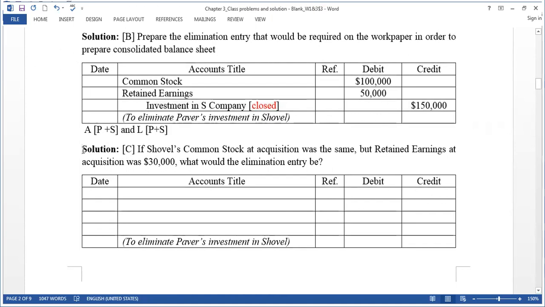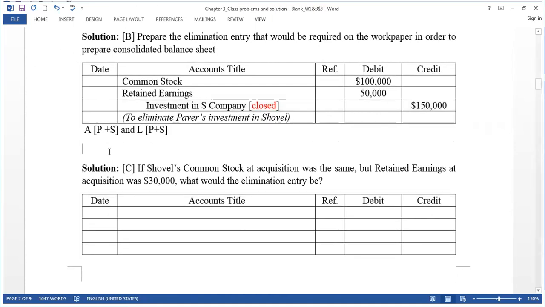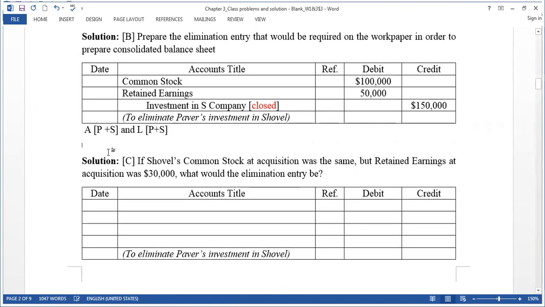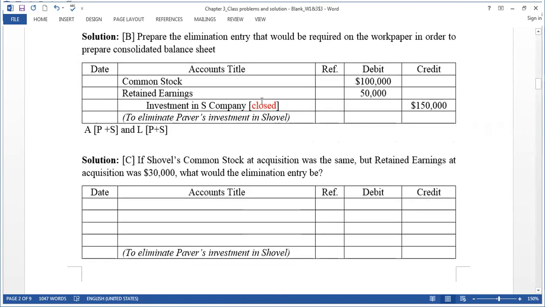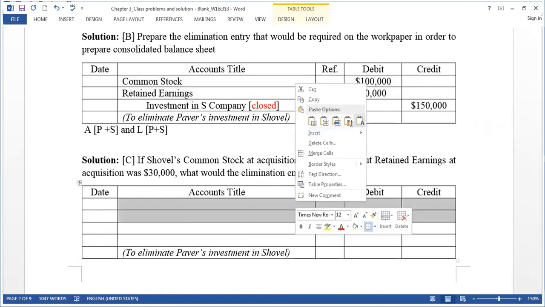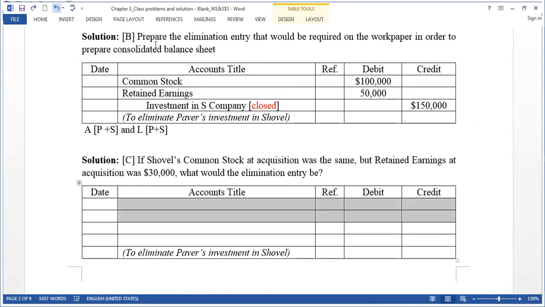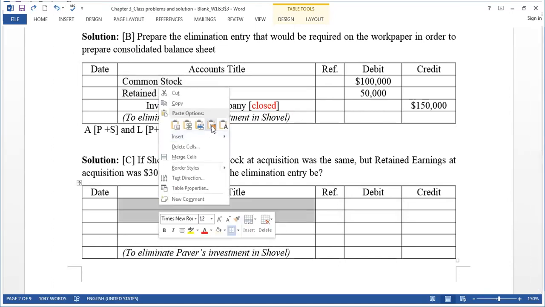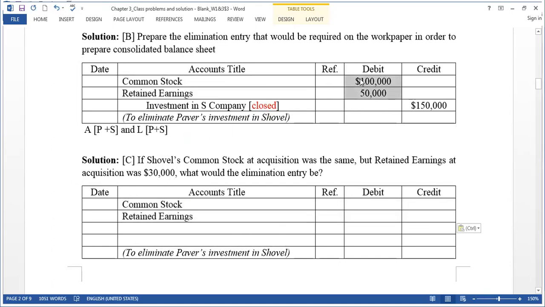Anyway, the question said that requirement C said that if retained earnings is not $50,000, if it is $30,000, so we close these two first. The question said that these two amounts are not similar now.